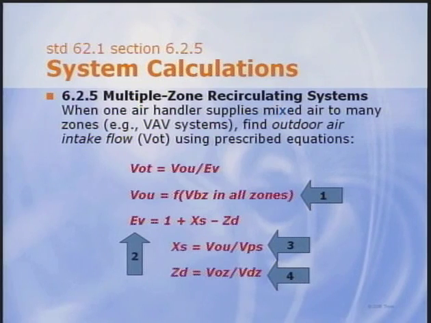In VAV systems, both zone and central fan primary airflow change at part load. So even with constant population, these airflow changes result in variations in efficiency and required intake airflow. With this in mind, one way to dynamically reset outdoor airflow in VAV systems with DDC controls is to respond to ongoing efficiency changes. This is what ventilation reset control does.